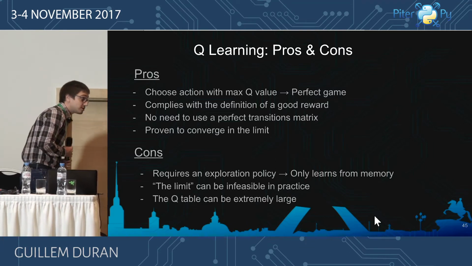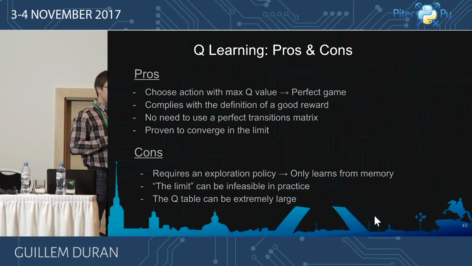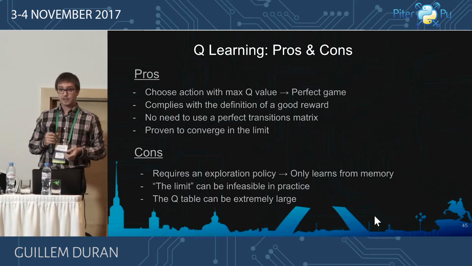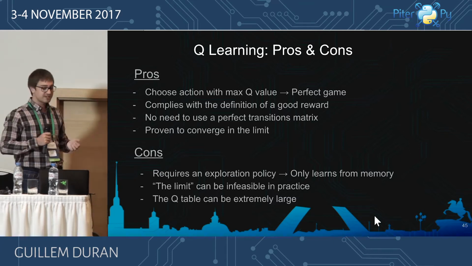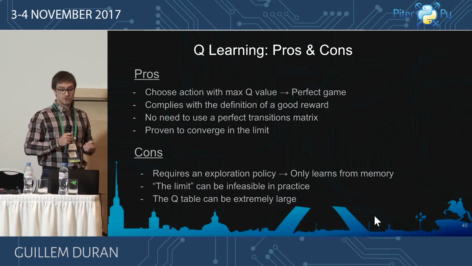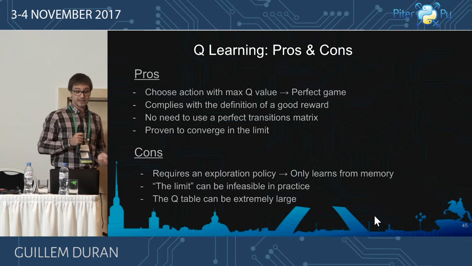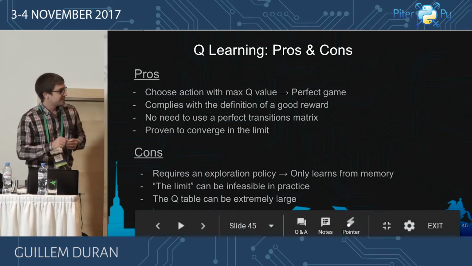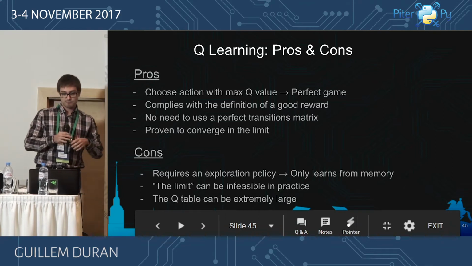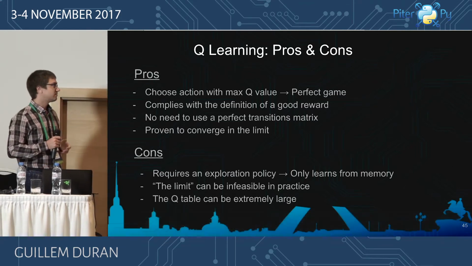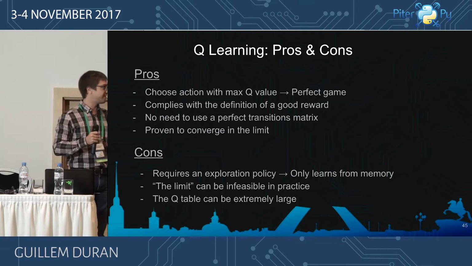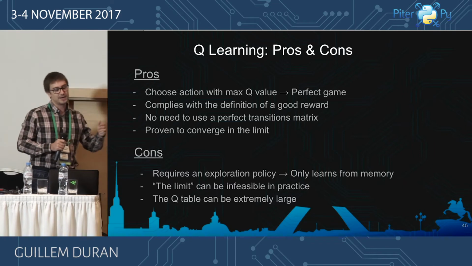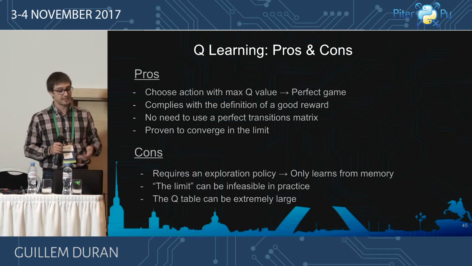Q-learning, pros and cons. Well, if we think about it, if we manage to make enough steps in our environment, choosing always the action with the highest Q value should result in a perfect game. And thanks to this exploration policy trick and the weighted updates, we get somehow to manage this fog of war effect and still achieve something without having to iterate through all the state space.